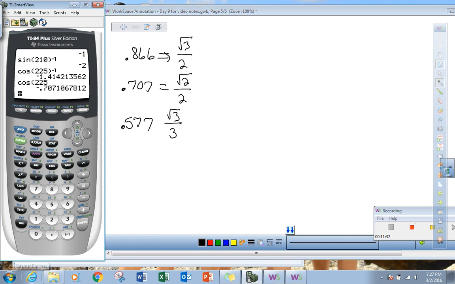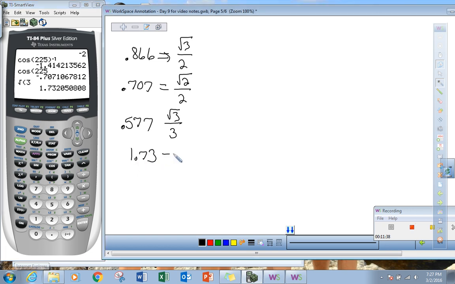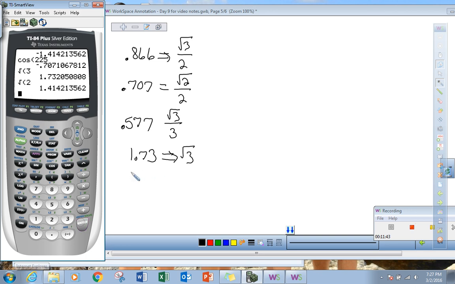The other numbers that can show up, every now and then a square root of 3 will show up. And every now and then the square root of 2 will show up. If you can kind of recognize those decimals, this chapter won't be too bad for you.